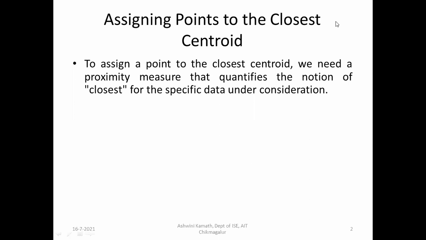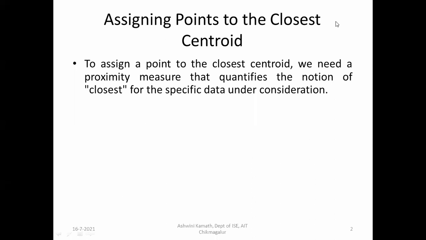Whatever centroid we consider, we need some measurement or method to get the notion of closest. What is the meaning of closest? If we consider documents, we will not have points in two-dimensional space to find the distance.